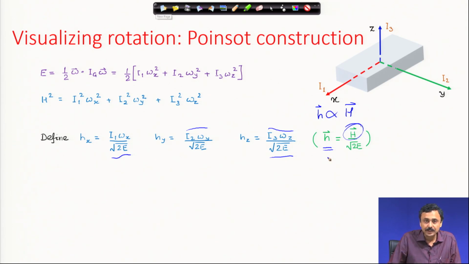Therefore, this h vector will also have a constant magnitude, because it is being divided by under root 2e, which is a constant, and h is definitely a constant.